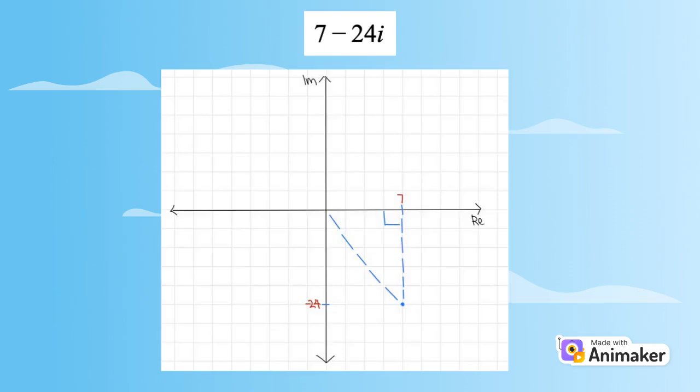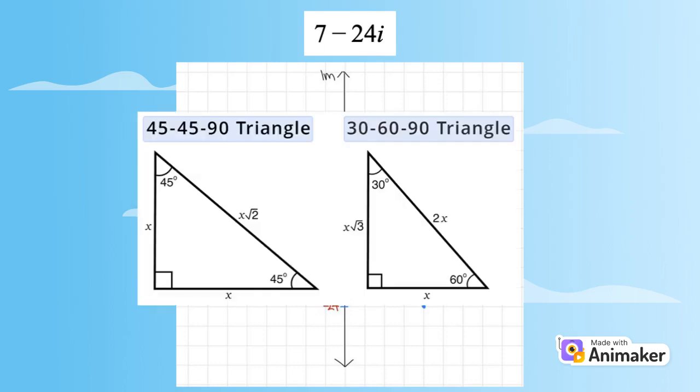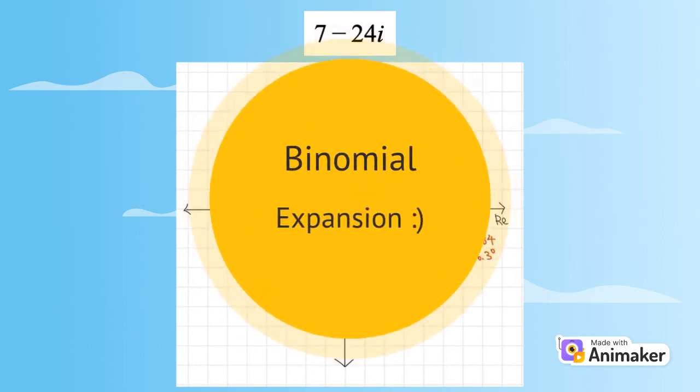Using the Pythagorean theorem, we can easily find out that the complex number has a modulus of 25 and an argument of approximately negative 0.284 radians or negative 16.3 degrees. However, it does not create an ideal special right triangle that would enable us to express the argument as an exact value, which will make it rather challenging for us to manipulate the entire number later on and to process the square root in the question. Hence, in this case, doing binomial expansion may be the better way to go.